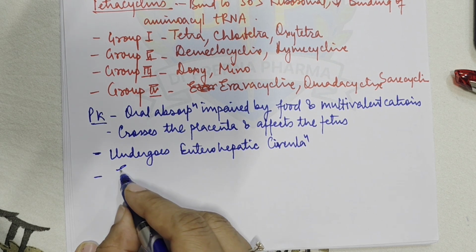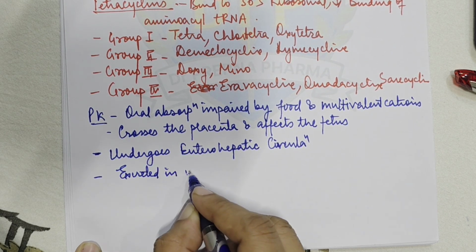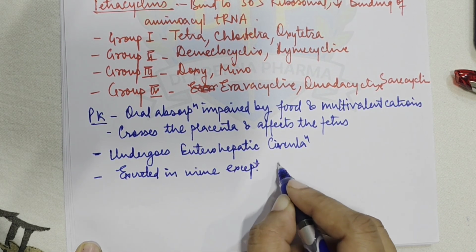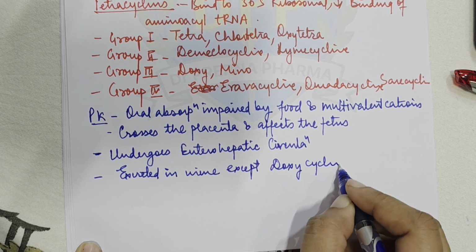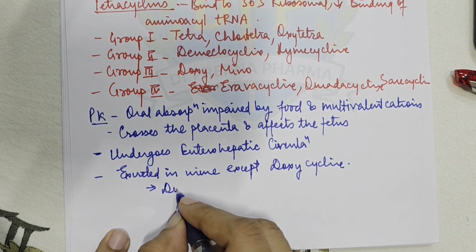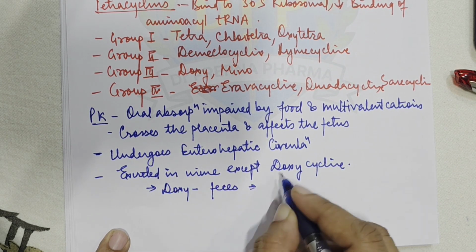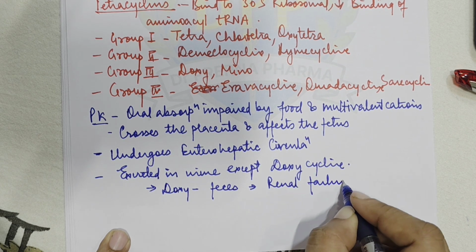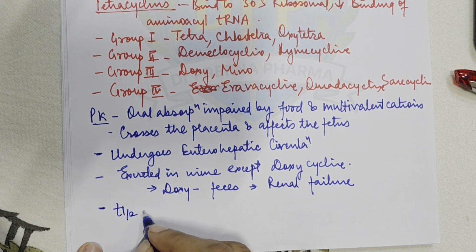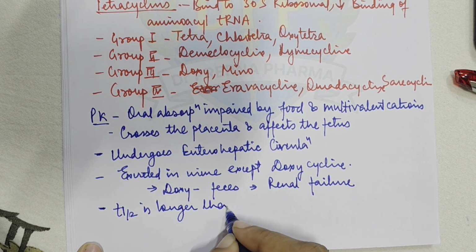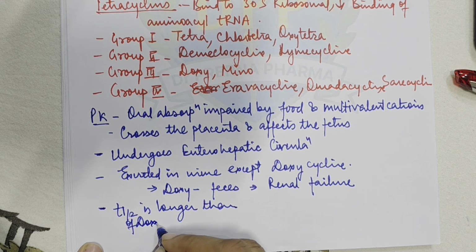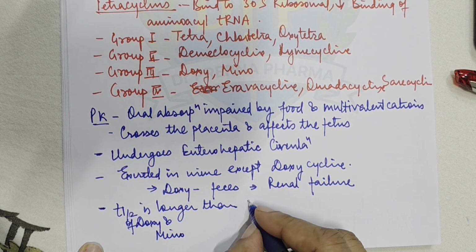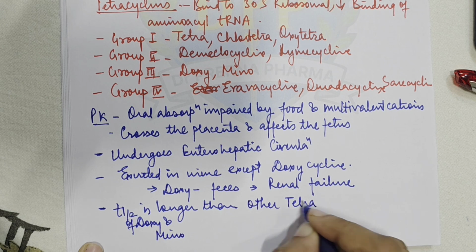Then they are excreted in urine except doxycycline. So doxy is basically excreted in the feces and it can be used in renal failure patients. Then the half-life of doxy and mino is longer than other tetracyclines, right?